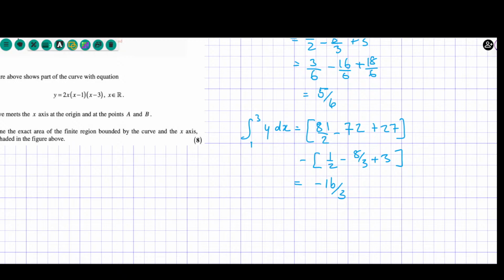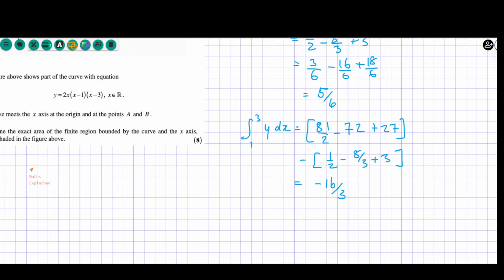So basically that area is 16 on 3. And then to find the total area, we add 16 on 3 to 5 on 6. So you kind of just ignore the sign because we think of this as an area, not as an area in relation to a function, just as an area on its own.